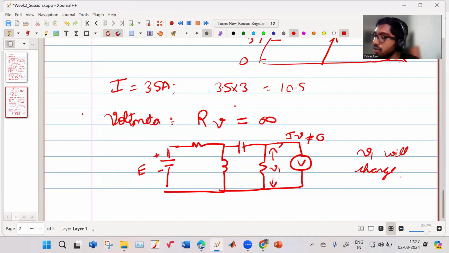So we would want my RV to be infinite. In practical reality, it is not infinite, but if the effective resistance RV is much greater than the Norton equivalent resistance between these 2 points, between the points A and B, then we can say that the voltmeter will be quite accurate and it will not load the circuit. It will not create any error, right?